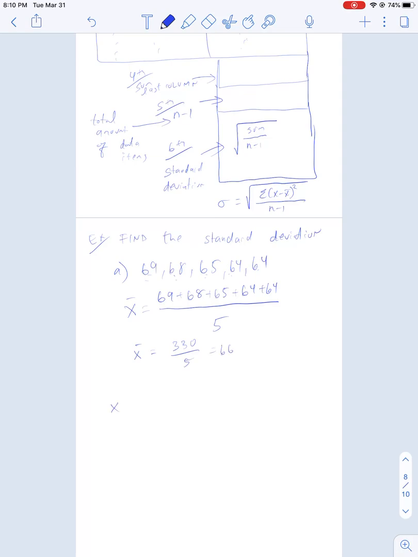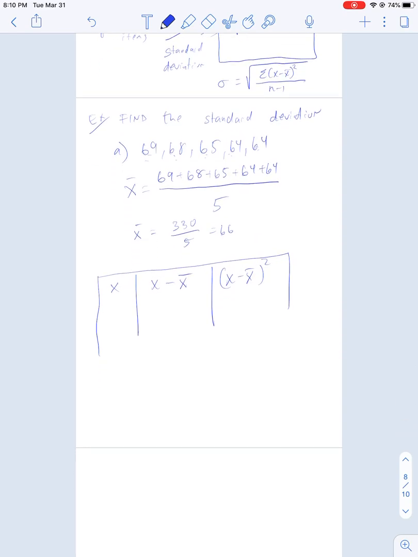Now we can make our table and put my numbers in there: 69, 68, 65, 64, 64.